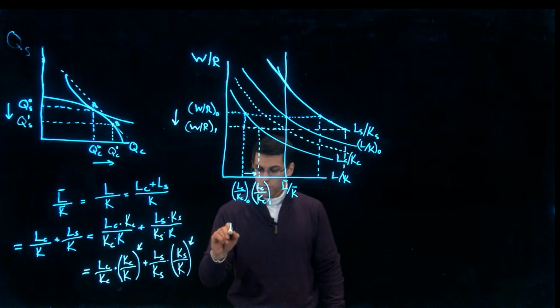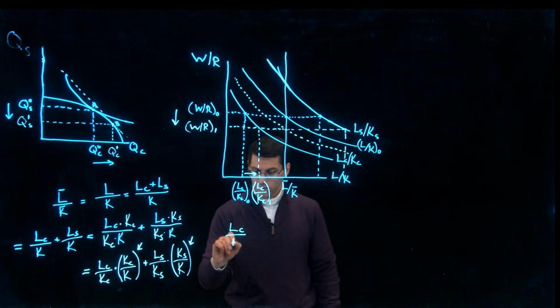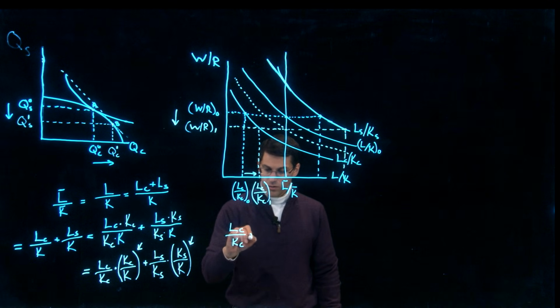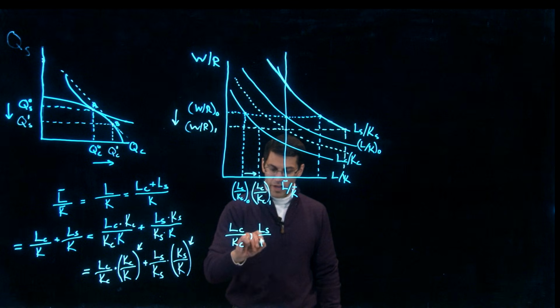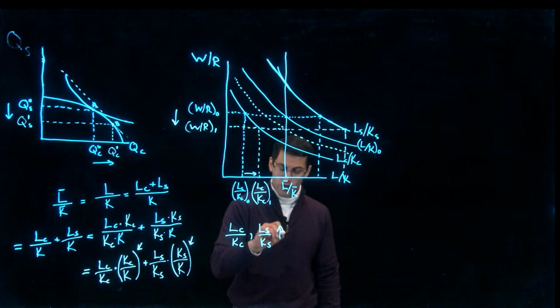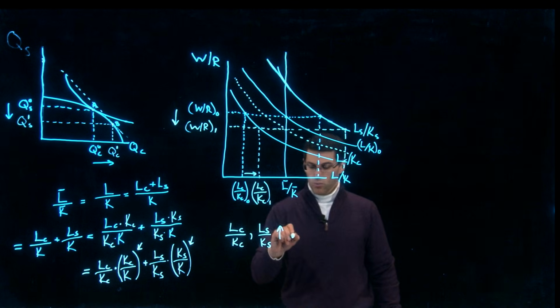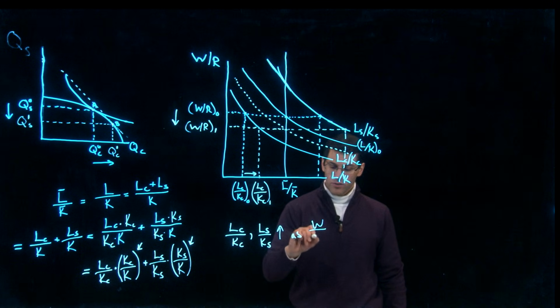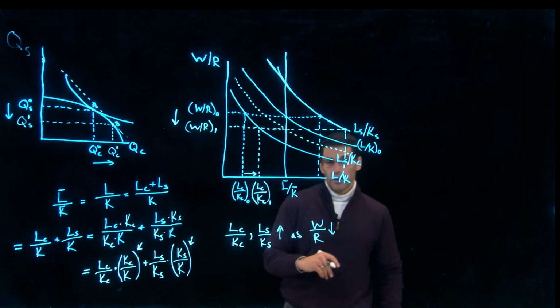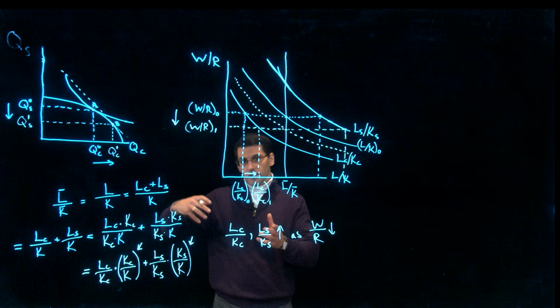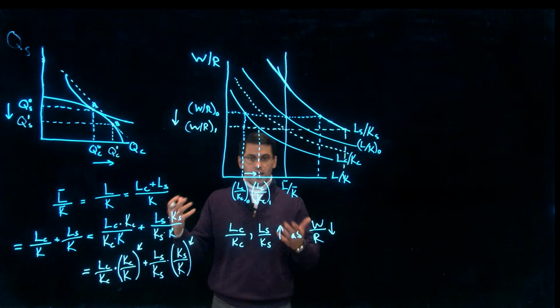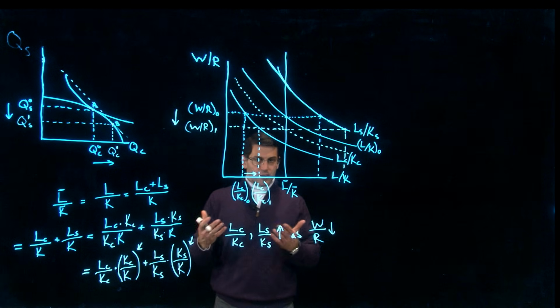So within both sectors, the ratio of labor to capital employed goes up as the wage to rental rate falls. And this is what allows us to continue to fully employ labor and capital. Otherwise, it's not possible.